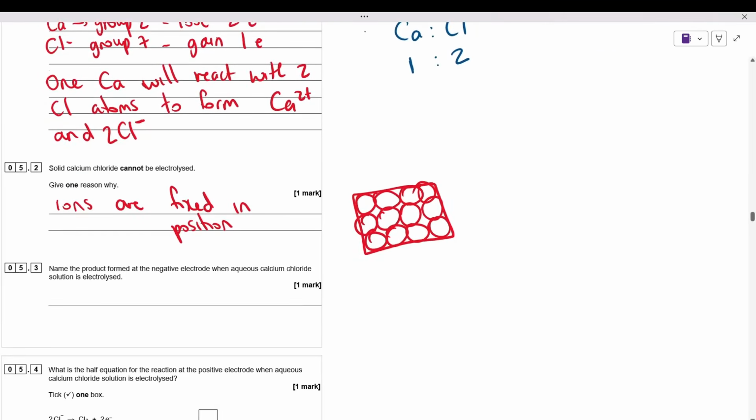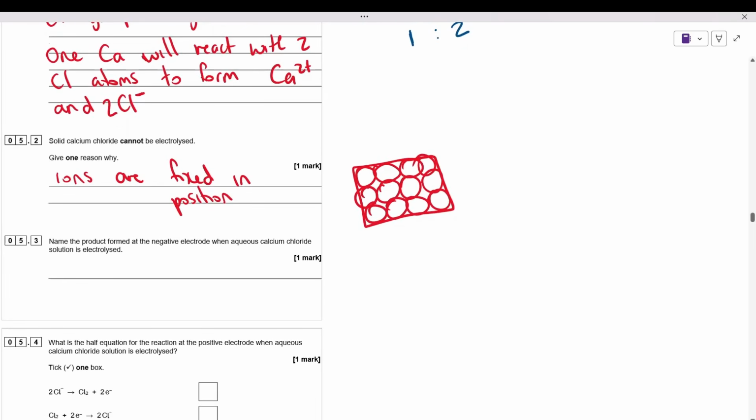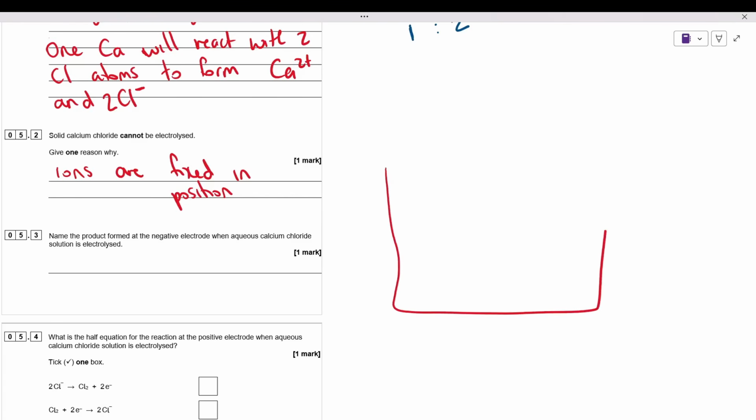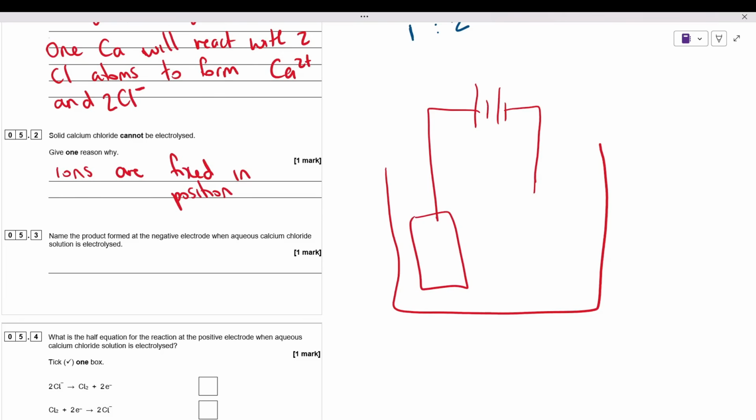Number 5.3: name the product formed at the negative electrode when aqueous calcium chloride solution is electrolyzed. Let me draw my electrolytic cell. I have my electrodes in there, and I have my electrolyte. My electrolyte is calcium chloride, and it's a solution, so it is aqueous.